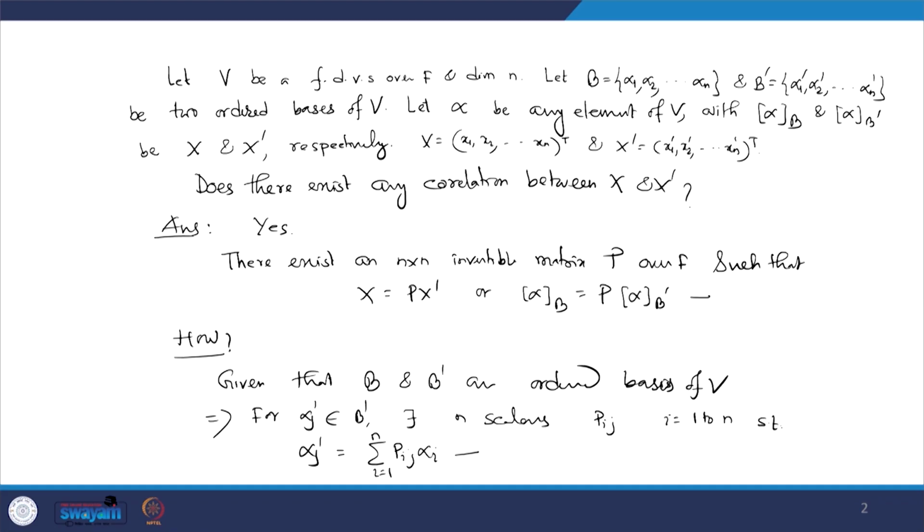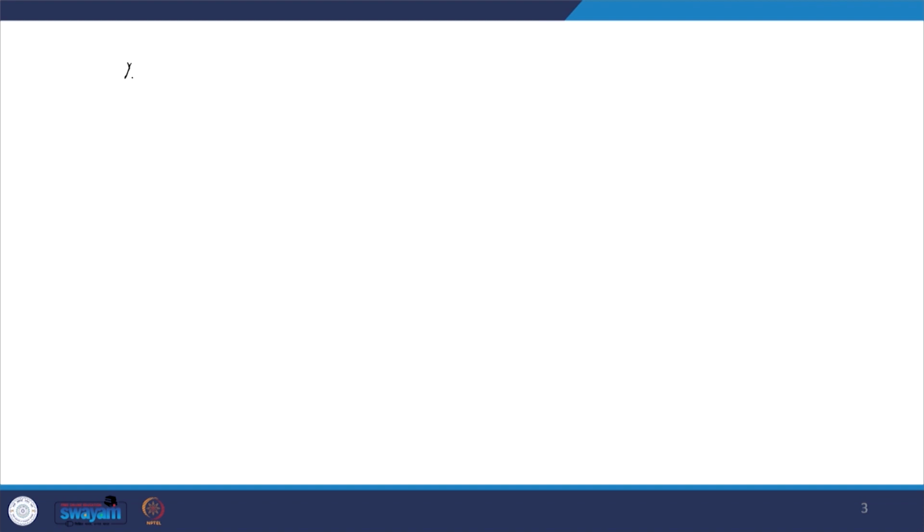Already I have mentioned that there is a binary operation between P i j and alpha i, that is the scalar multiplication over the vector space V. According to the given condition, alpha equals sigma x i alpha i, i equal to 1 to n, and also alpha equals sigma x j prime alpha j prime, j equal to 1 to n, because it is given that the coordinate matrix of alpha with respect to ordered basis B is equal to capital X and with respect to B prime is equal to X prime.